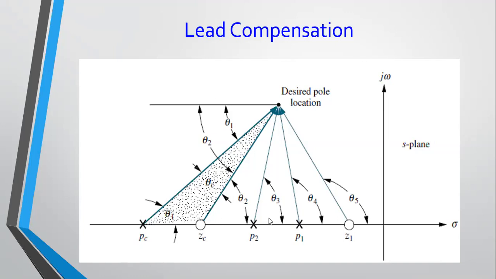If you use the alternate angles mathematical construction, this θ2 is the contribution from your 0, so it's a positive angle, and θ1 is the angle contribution from your pole. The difference, θ2 minus θ1, gives you the angle contribution written as θc.